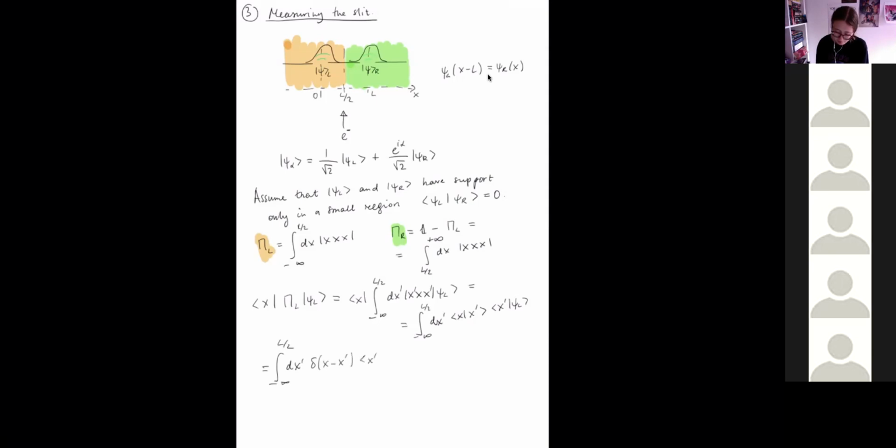Then here we have <x prime|psi L>, which is psi L of x prime, just our psi L in the position representation.